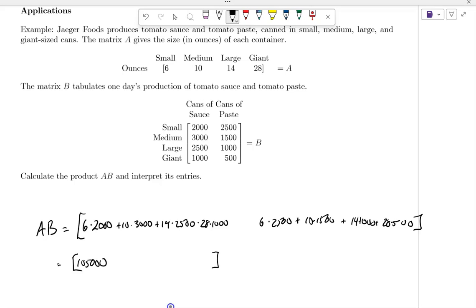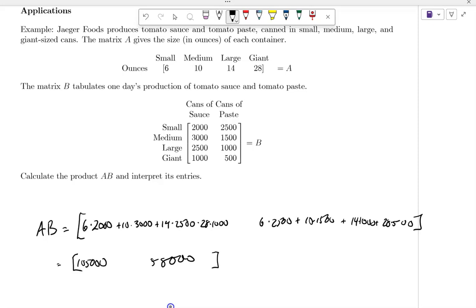Okay, and I was doing it in my head. That's 12,000, that's 30,000, that's 94. Okay, well, we got two with 105,000. What's the other one? I got 58,000. Yeah, 58. Okay, I'll call those numbers good.